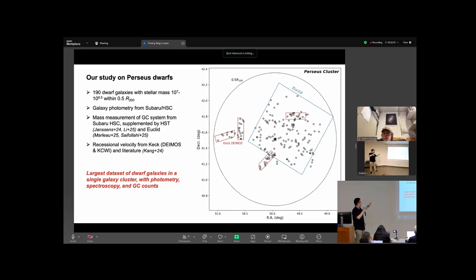We have velocity measurements mainly from Keck, and some of them get their velocity from the literature. I have to emphasize this is the largest data set of dwarf galaxies in one single galaxy cluster with photometry, spectroscopy, and GC counts simultaneously. On the right side is the spatial distribution in the Perseus cluster.